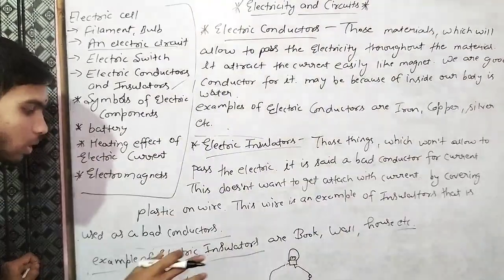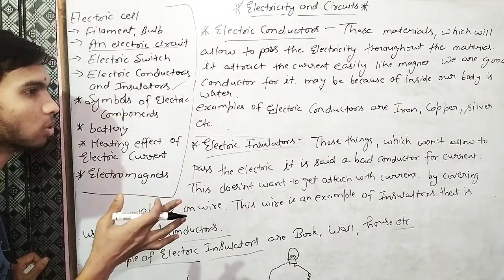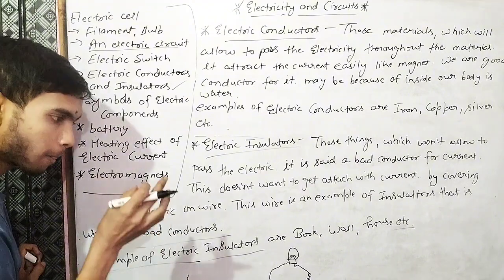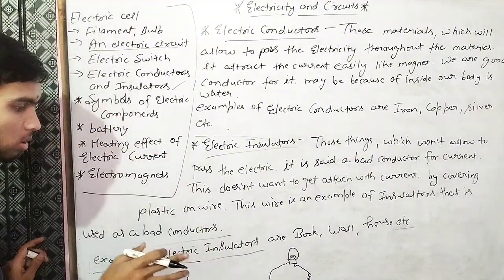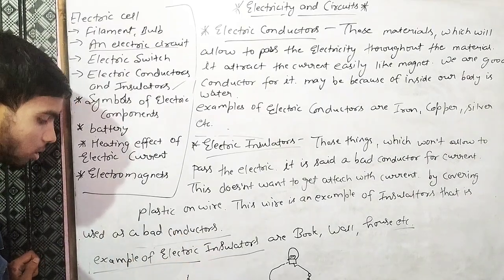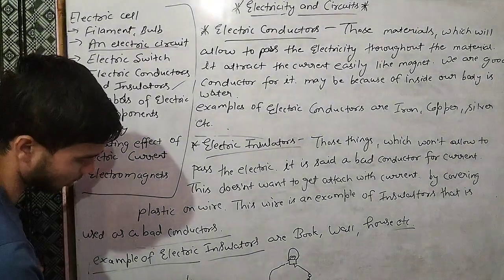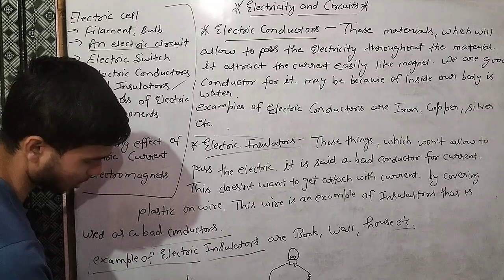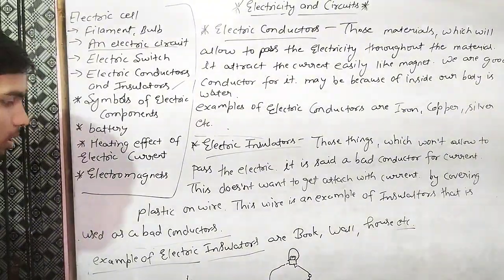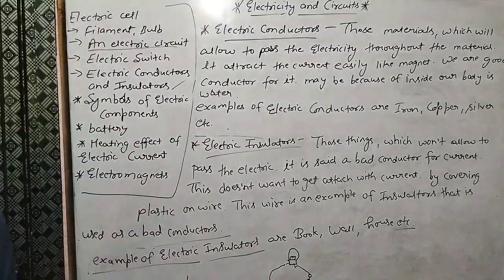Thicker and shorter will indicate the negative terminal, like this. This was the symbol of the terminals of an electric cell.